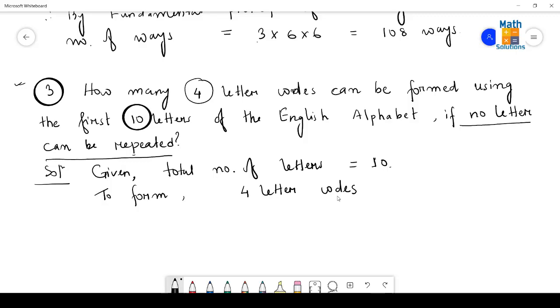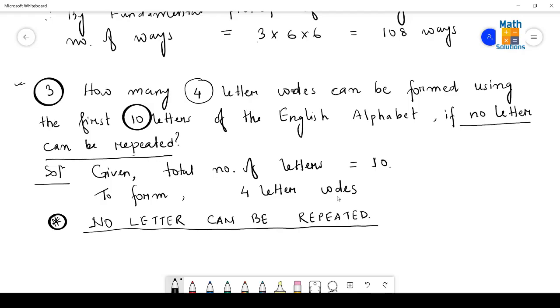Then after, the most important point to be noted here is no letter can be repeated. So, keeping this in our mind, we have to proceed. Okay, no letter can be repeated here.